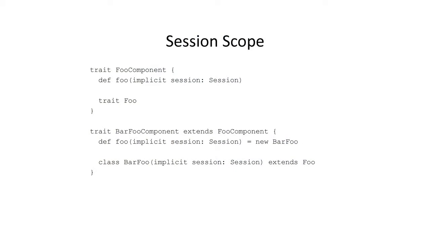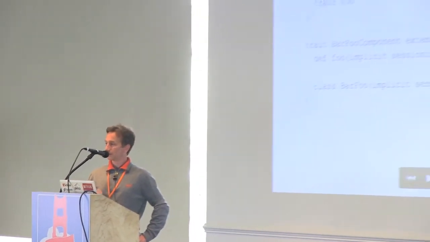Another way is using implicits. This is what I call a session scope. In this particular case, we've got a foo, which is a method inside the foo component. But in this case, we're expecting an implicit session parameter, perhaps. You can obviously see how that would be useful in a web application.